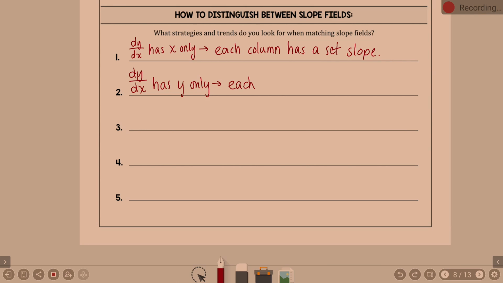Did you just do that backwards? No, rows, columns. No, that's backwards. Columns are vertical. Rows are horizontal. Columns stand up, like rows in the auditorium.